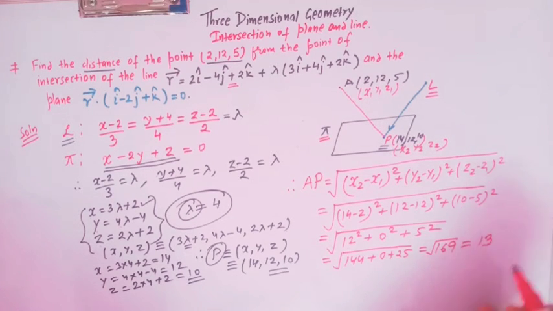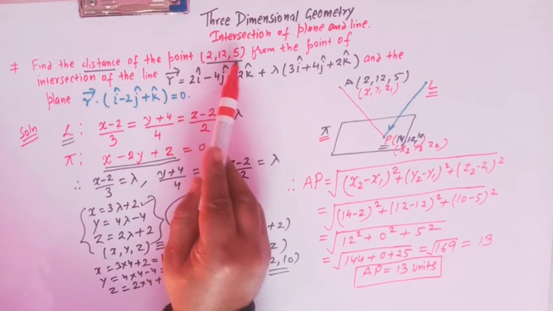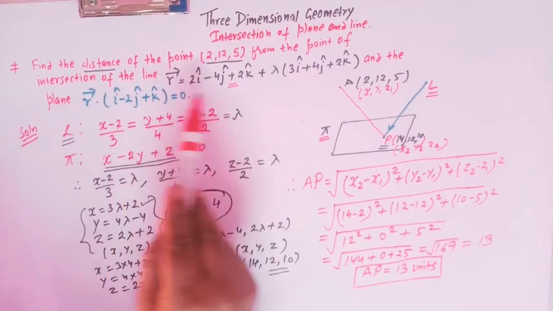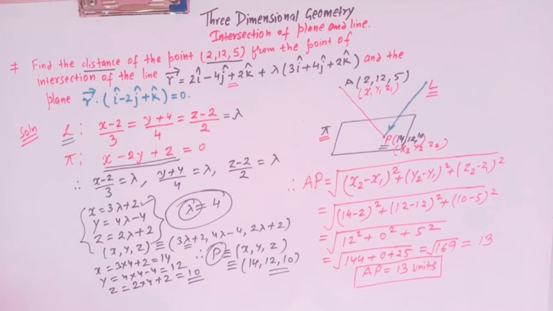So the distance is positive, so we'll take AP is equal to 13 units, right? So viewers, the distance of this point 2 comma 12 comma 5 from the point of intersection of this line and this plane is 13 units, right? So this is how we solve this problem.